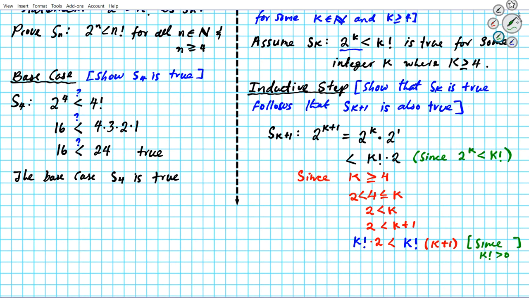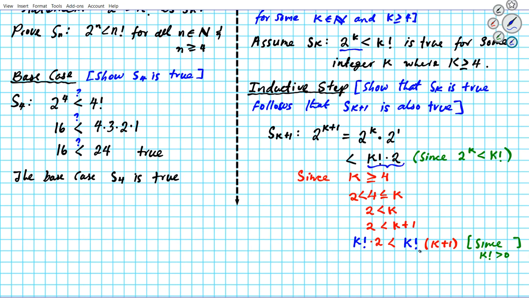What we can do is make another substitution. Okay, so look at what we had earlier. We said 2 to the k plus 1 is less than k factorial times 2. And now we have another situation. The same k factorial times 2, how does it compare to what we just created?